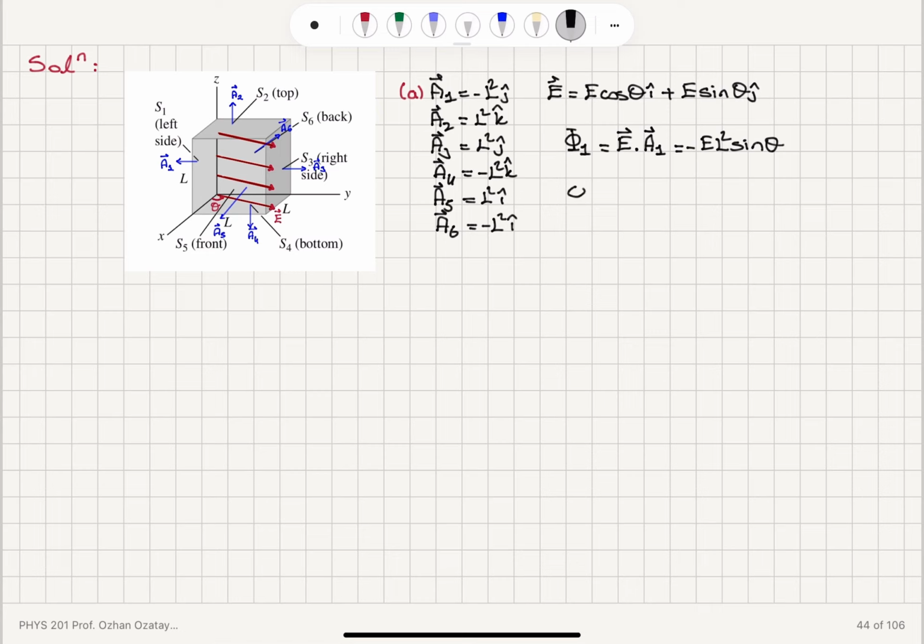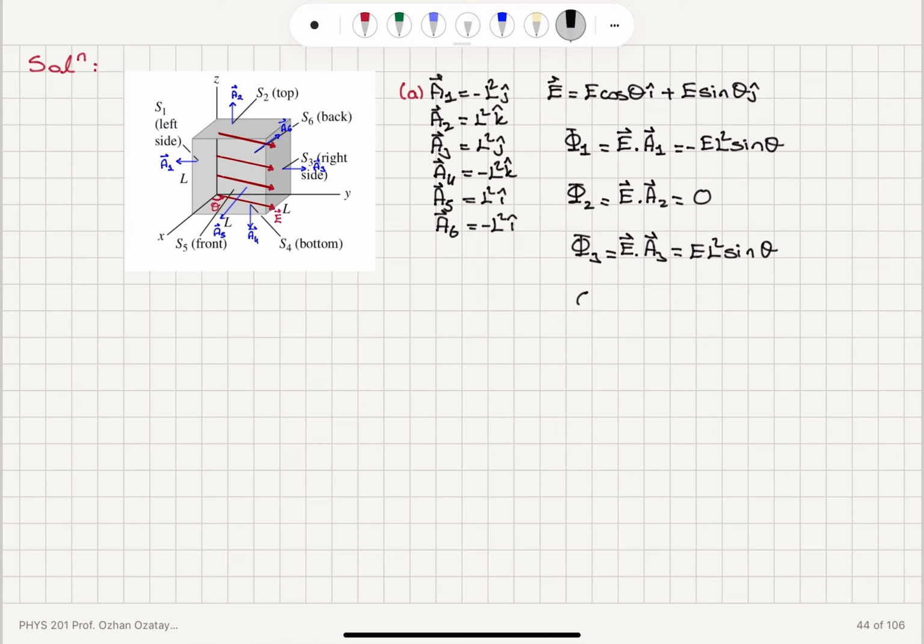The flux through face 2, phi 2: now the area vector is in the k hat direction, and the dot product with i hat and j hat is 0, so the electric field dot the second area vector is 0. The third face has a flux. This is L squared j hat, so E sine theta times L squared j hat: the electric field dot the third area vector is E L squared sine theta.